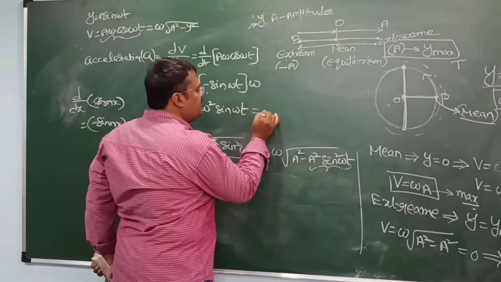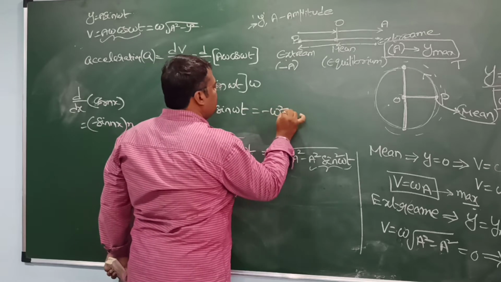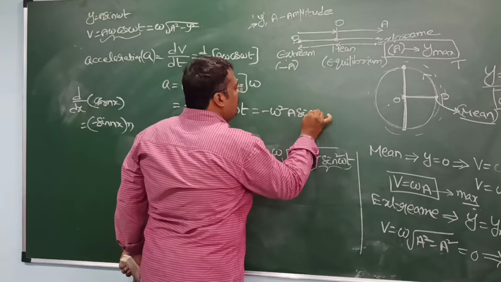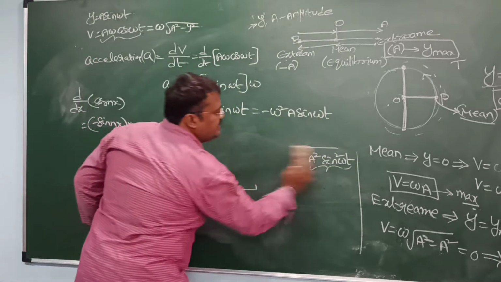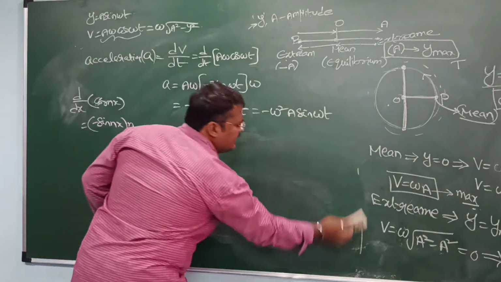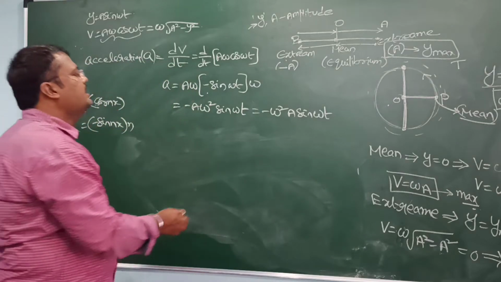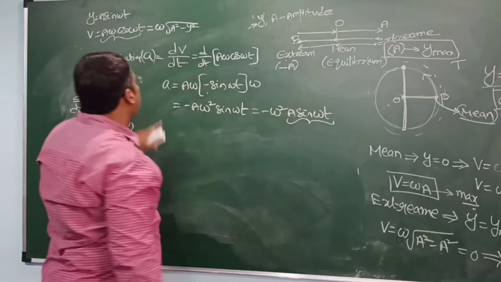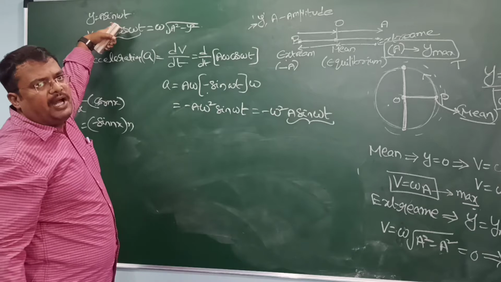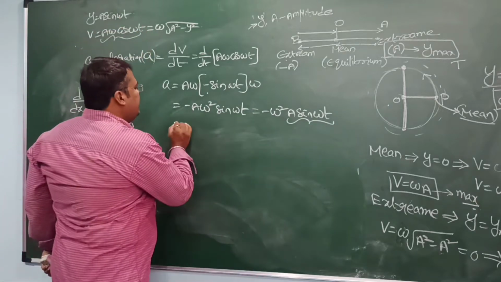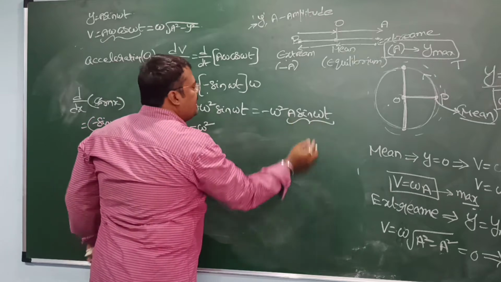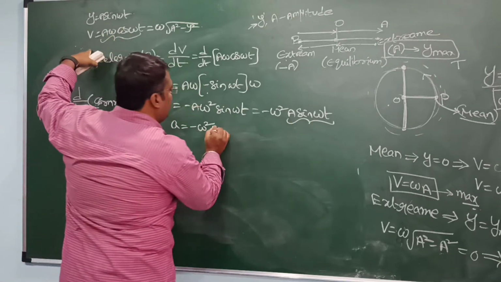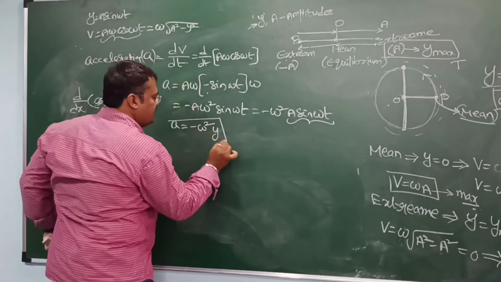Finally, let us rewrite this one: minus omega square a sin omega t. Now observe in this case, what is a sin omega t? A sin omega t is nothing but the displacement of a particle in SHM. So a is equal to minus omega square y in this case.